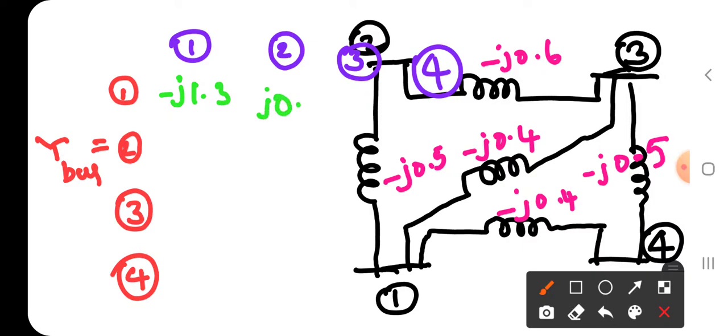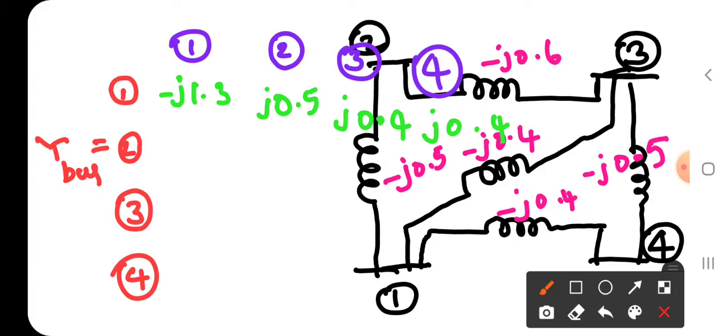For the mutual you need to multiply with the negative. For the self elements, don't multiply with the negative sign, just add as it is. Okay, next 1 3, it is J 0.4. Next 1 4, J 0.4 only.